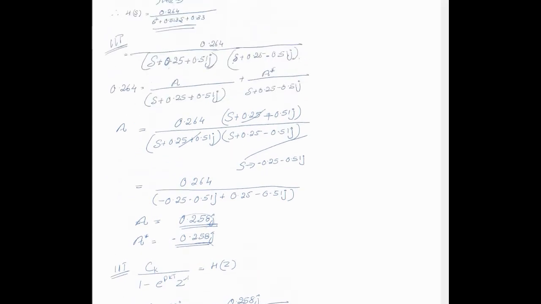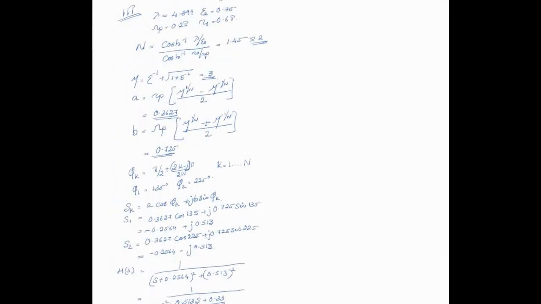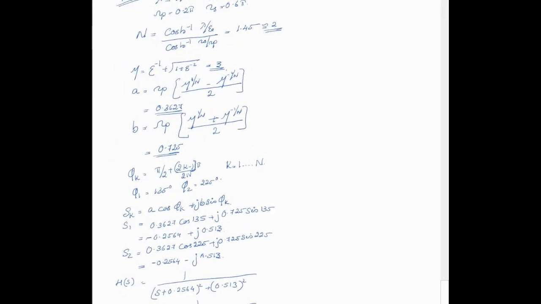Okay, the only thing that you want to know here is the difference: you have to find the order of the filter, that is cosh inverse lambda by epsilon and cosh inverse omega s by omega p. Then mu, a, b and phi, using that you can get the denominator sk. To find the numerator, two conditions were given.